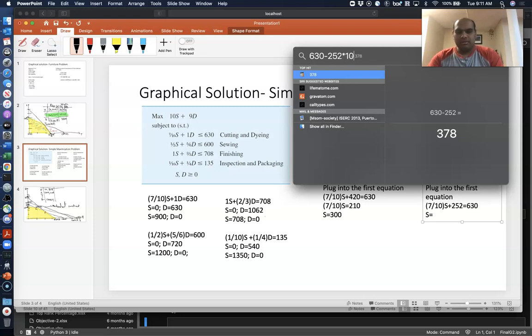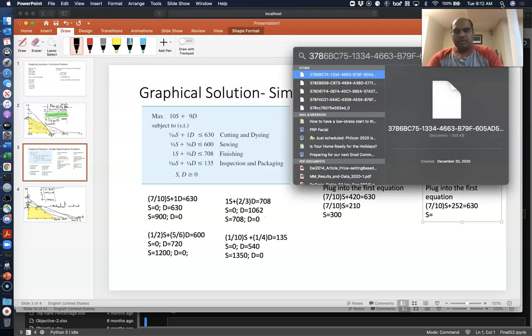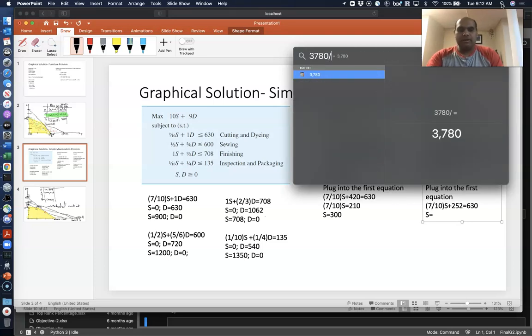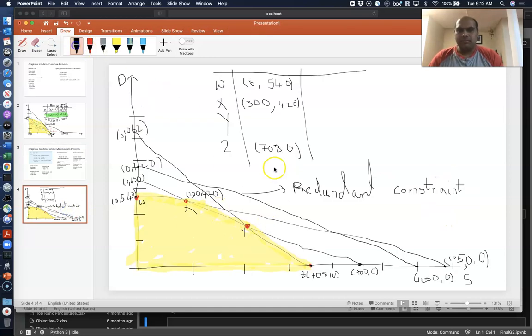Multiply by 10, divide by 7, and that gives us 540. Again, this algebra y'all can do yourself. So d is 252, s is 540. So it's 540 comma 252.